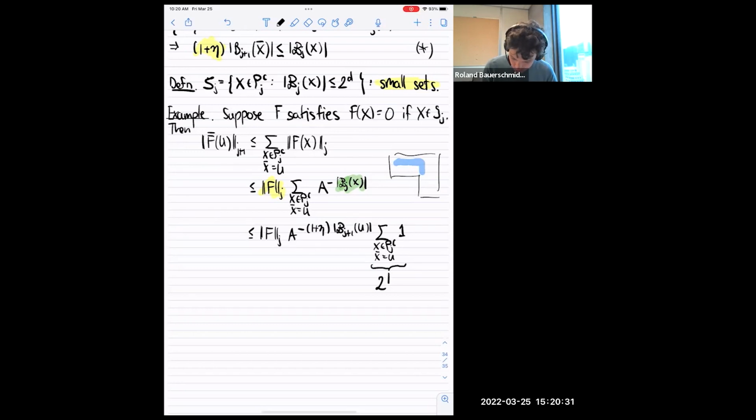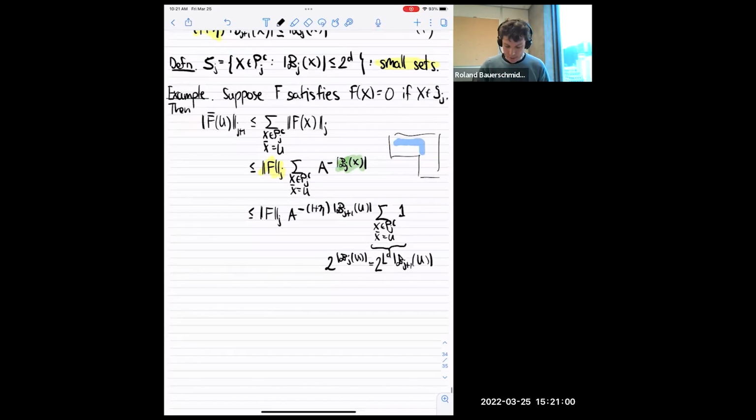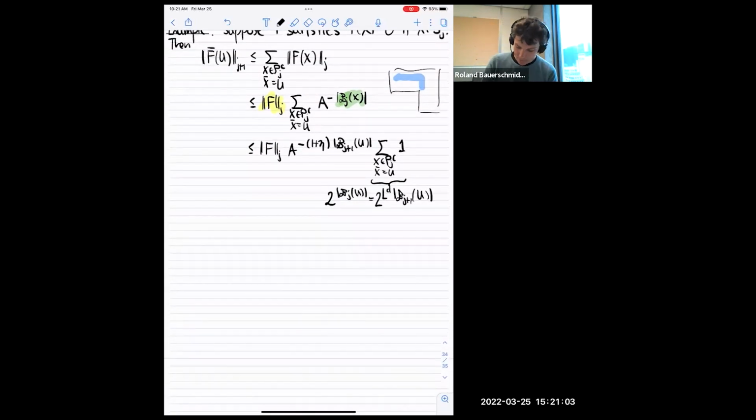So it's just 2 to the L to the d times the number of j blocks in u, which is the same as 2 times L to the d times the number of j plus 1 blocks in u. So this is an incredibly crude bound, but it's sufficient. So everything on the right-hand side involves j plus 1 blocks in u now.